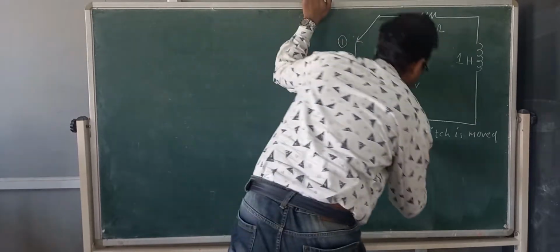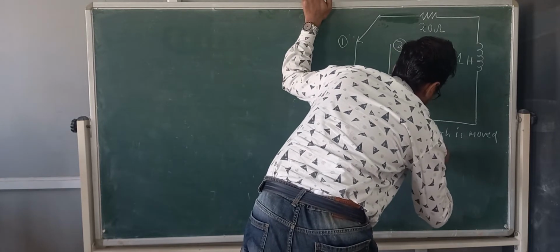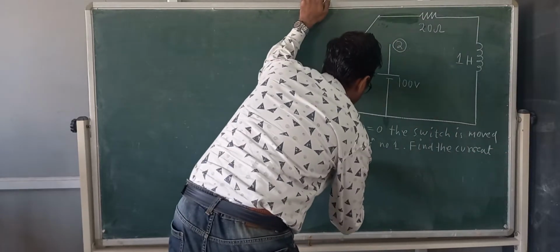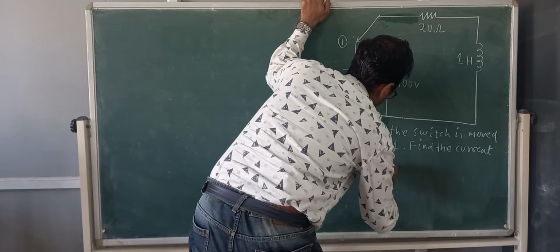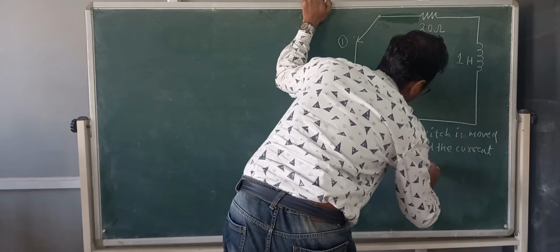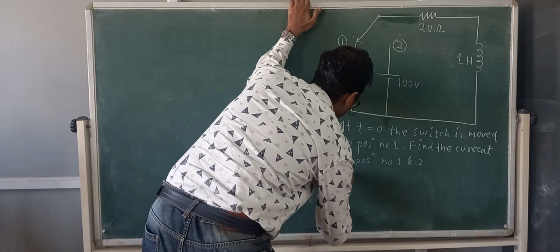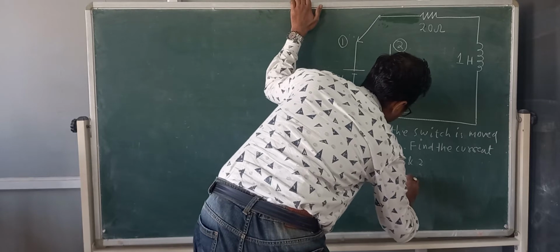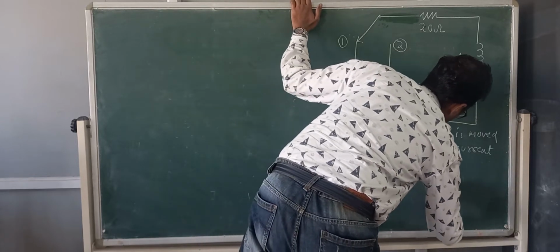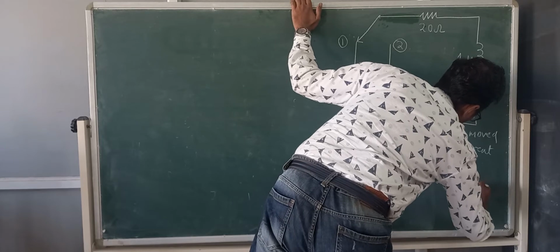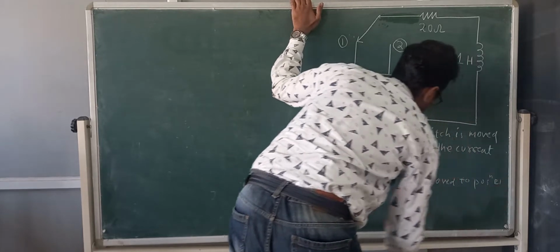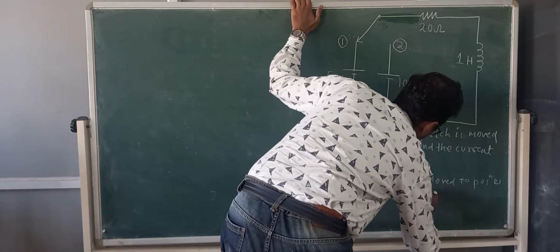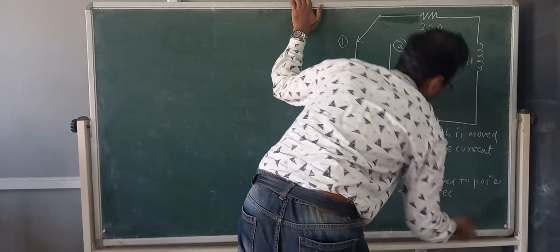Find the current at position number 1 and 2 under one condition: the switch is moved to position 2 after t equals 2.5 microseconds.